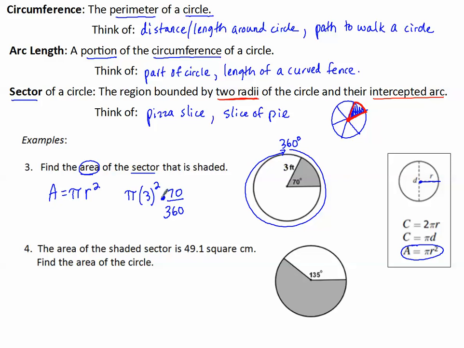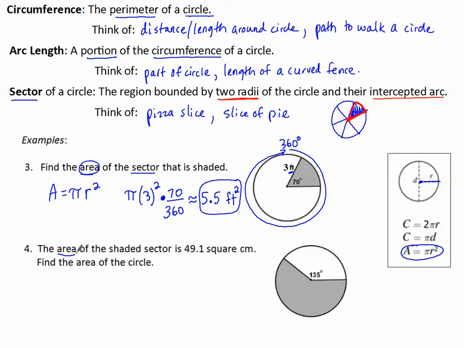So we multiply by the angle that we have of that sector divided by 360. Let's go to our calculator now and find out approximately how much that makes. If we're rounding to the nearest tenths place, we would write 5.5. The units are feet, and because this is area, it's square feet, or feet squared.